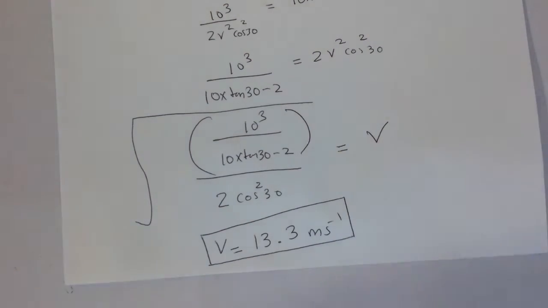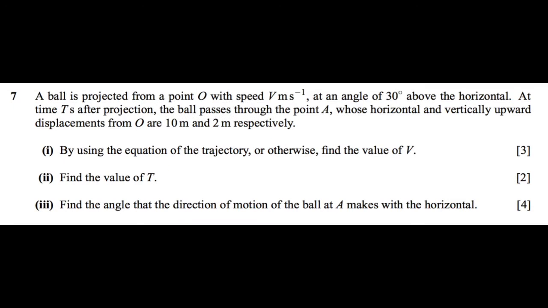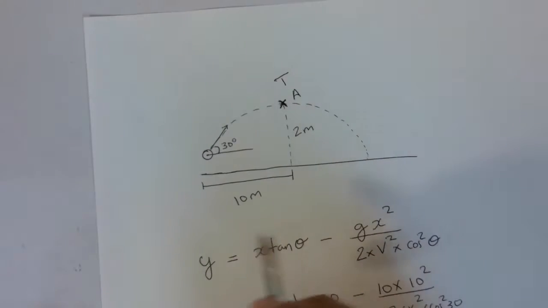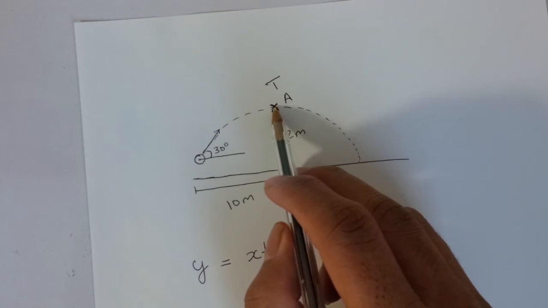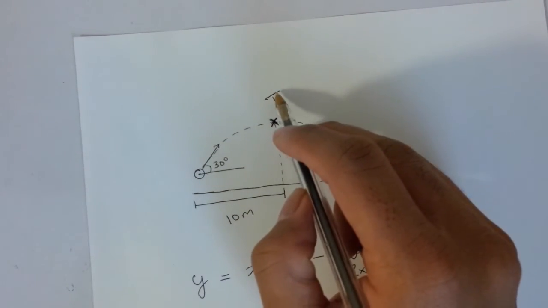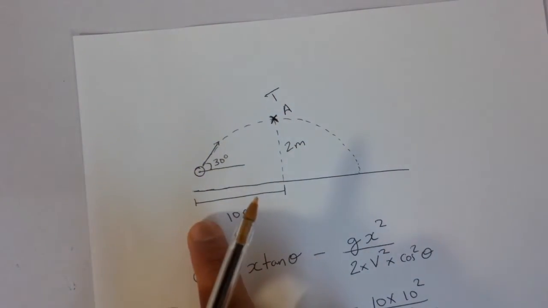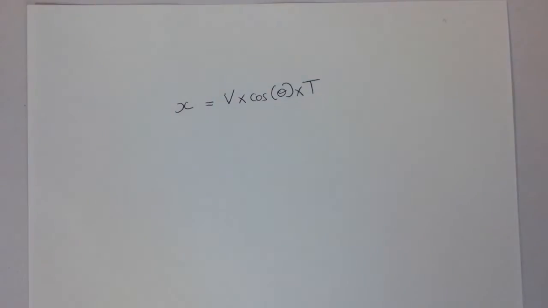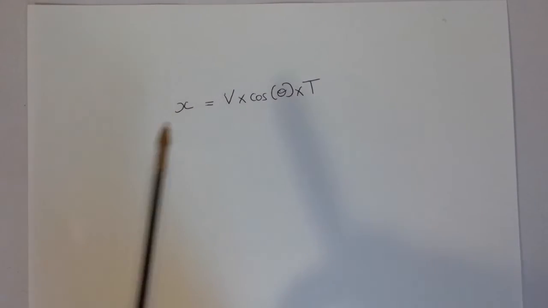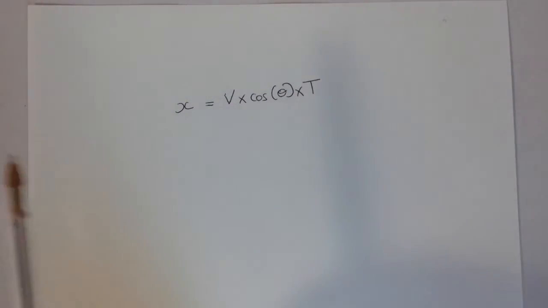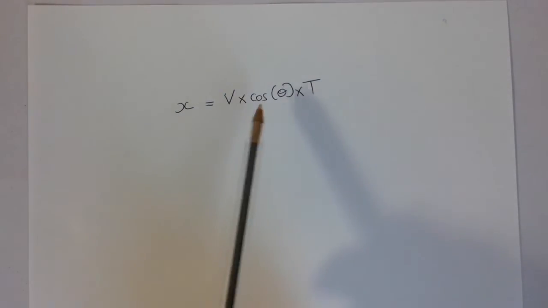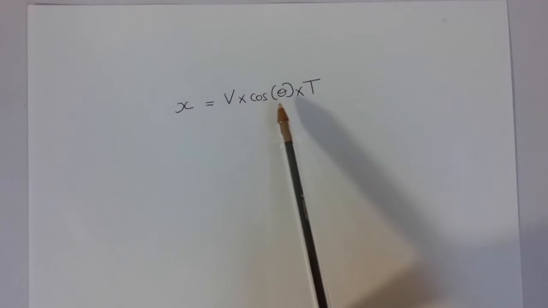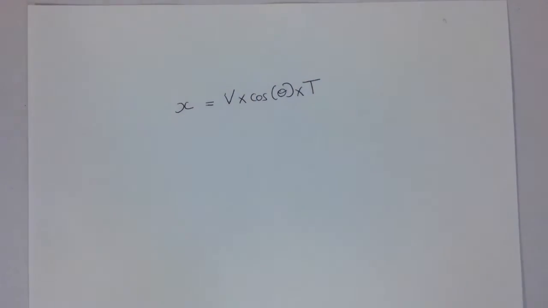Let's have a look at the second part. Find the value of t. When the ball passes through A, the time is t seconds, and we know the horizontal displacement at this point is 10 meters. You should be knowing this formula from your lessons, that horizontal displacement x is given by the speed of projection multiplied by cos of angle of projection multiplied by time at that point.